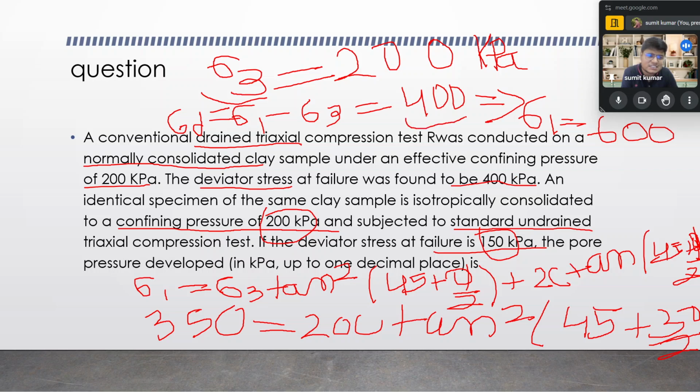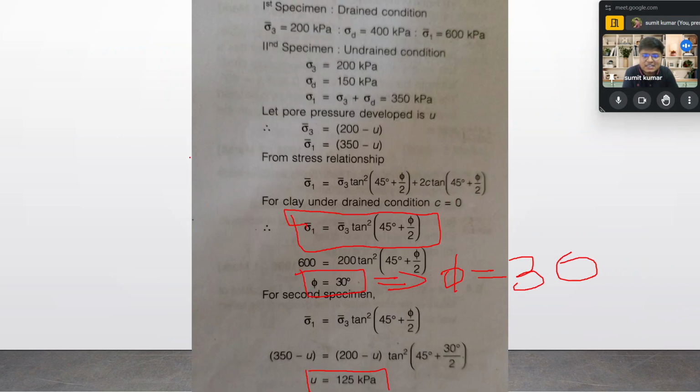After that, we apply our interrelation, that is sigma 1 equal to sigma 3 times tan square 45 plus phi by 2 plus 2c tan 45 plus phi by 2. From that relation, as it is a drained triaxial test, we assume the value of c as 0, and we are able to find the value of phi as 30 degrees.